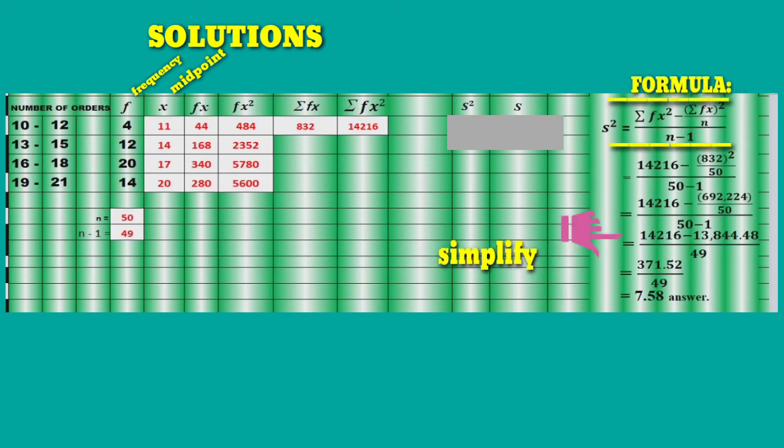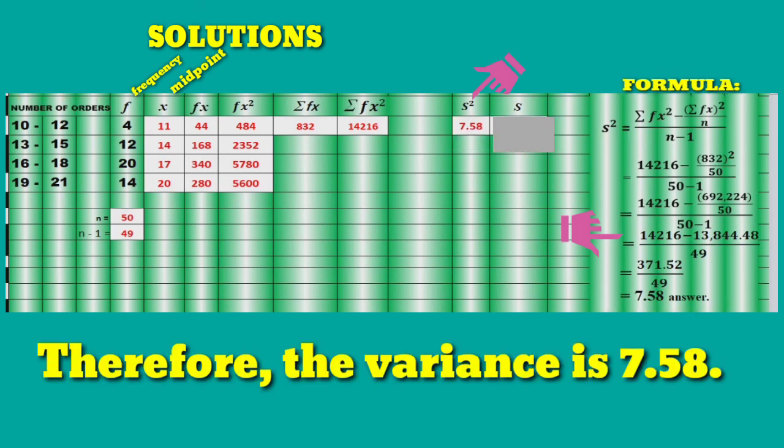Then you need to subtract. Next, subtract 14,216 minus 13,844.48. The result is 371.52. Divided by 49, the result is 7.58. Therefore, 7.58 is our variance, and that is our answer.